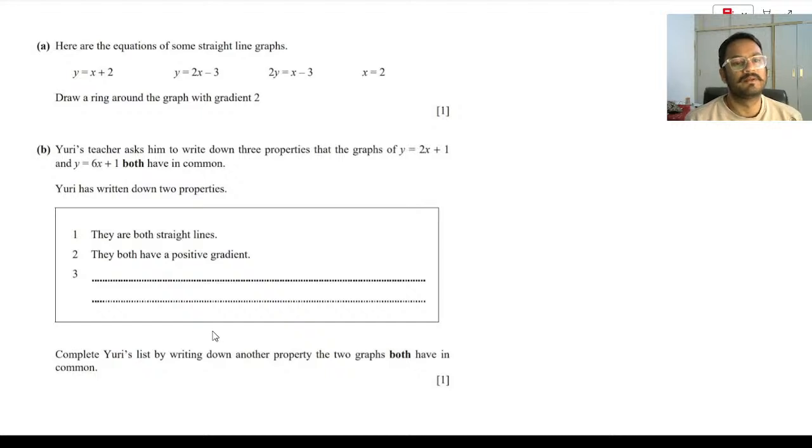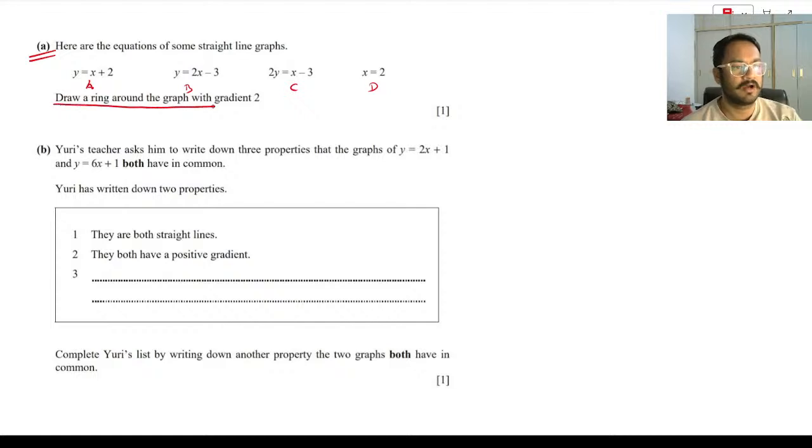You need to ring those equations which have gradient 2. Let's see. I'm waiting for your reply. You can call these A, B, C and D. So if you got the answer, you can write A, B, C, D. We are solving this part first.